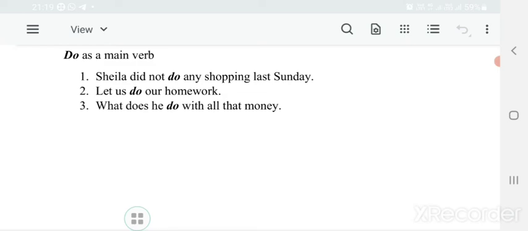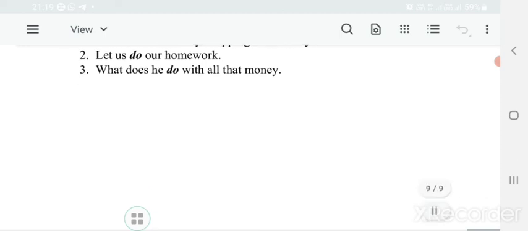So, in this sentence, do has come in both forms, auxiliary as well as main verb. Let us do our homework. And what does he do with all that money? Again, in the third sentence, does and do, both forms of do are used. In the first form it is auxiliary, and in the second it is acting as a main verb.